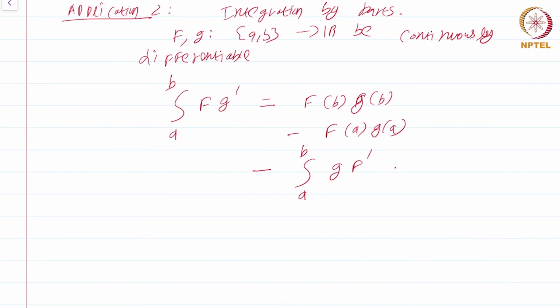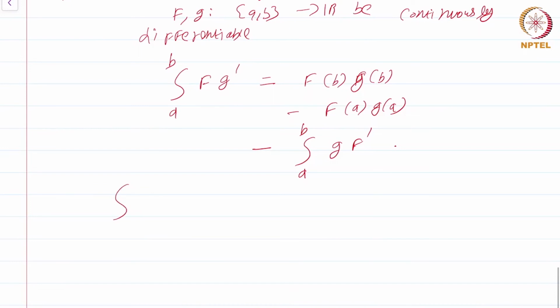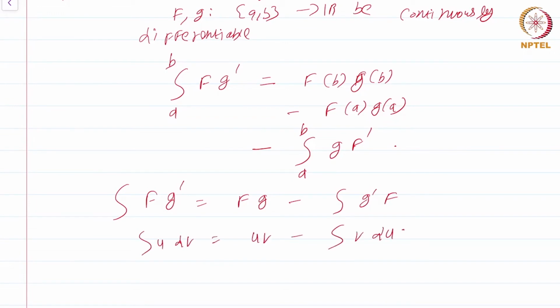If you're looking at this and thinking that it's different from what you saw in high school, the only reason is because in high school you would have seen it in this form: the integral of f g prime is f g minus the integral of g prime f, or the integral of u dv is uv minus the integral of v du.